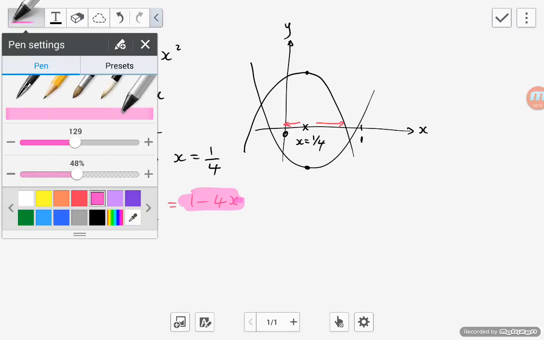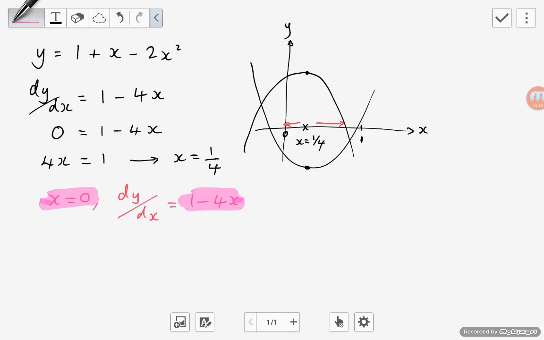So let's do that now. So when x equals 0, dy by dx will equal 1 take away nothing, which is 1. Now that's a positive number.